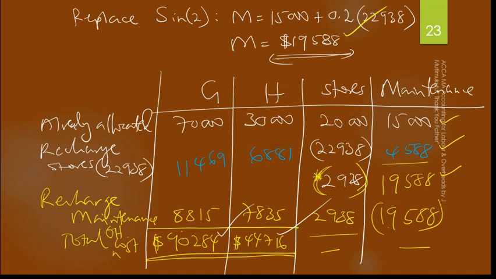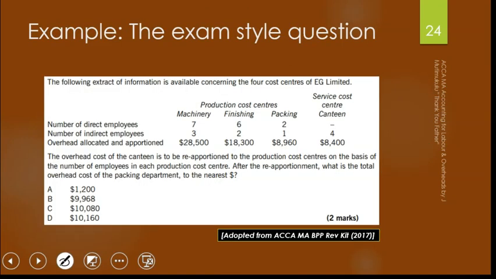Now let us just look at this past exam question and see what we can get out of it. The following extract of information is available concerning the 4 cost centers of EG Limited. The service cost center is the canteen.